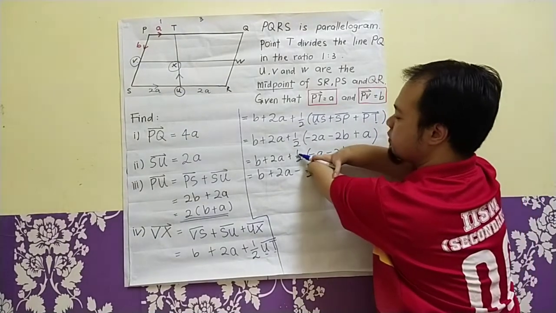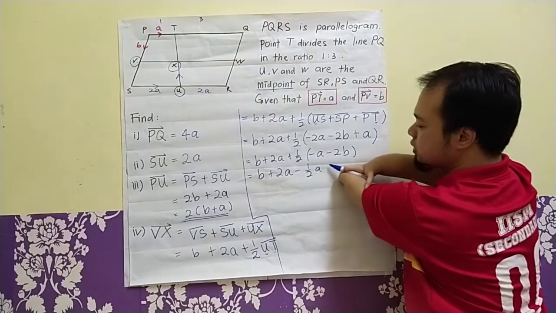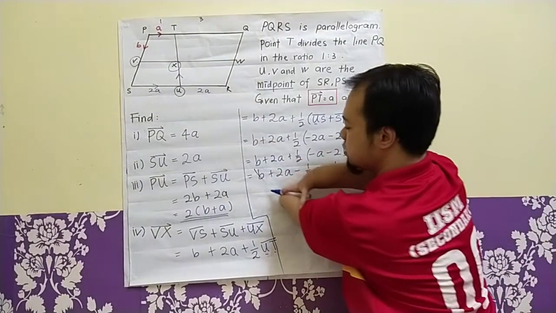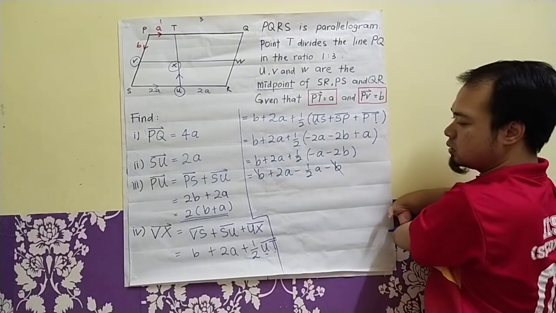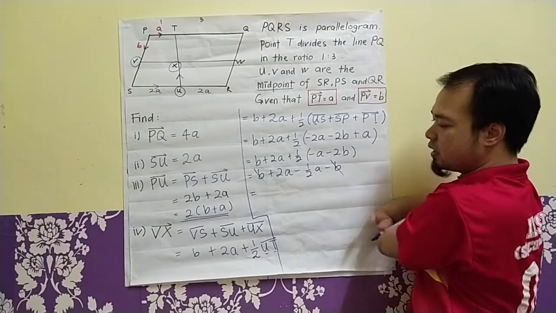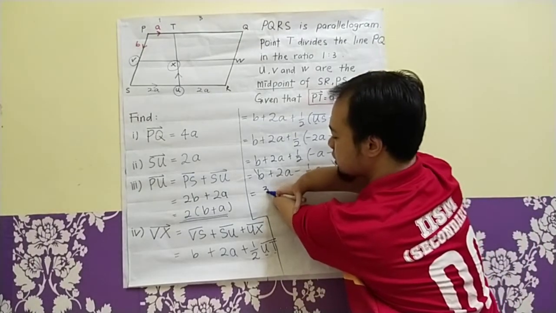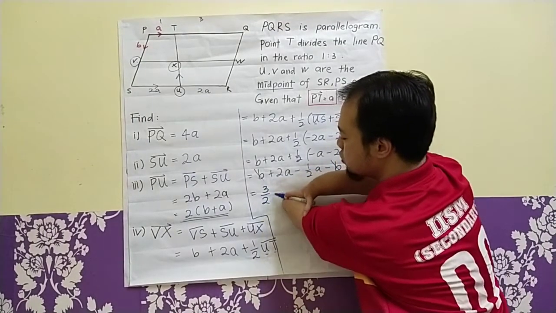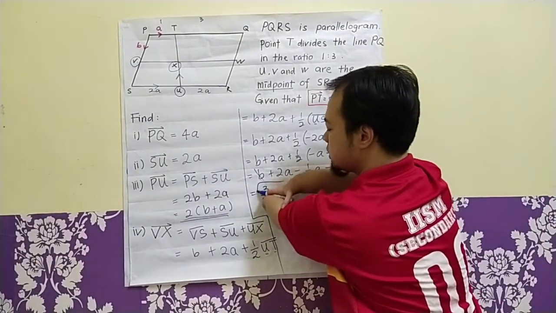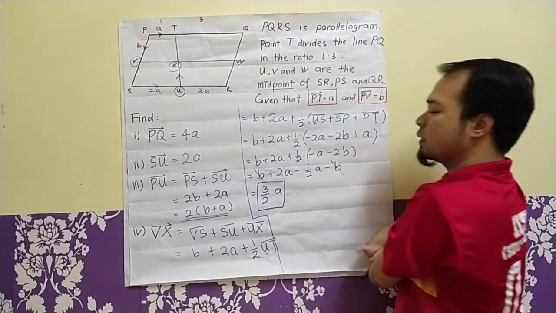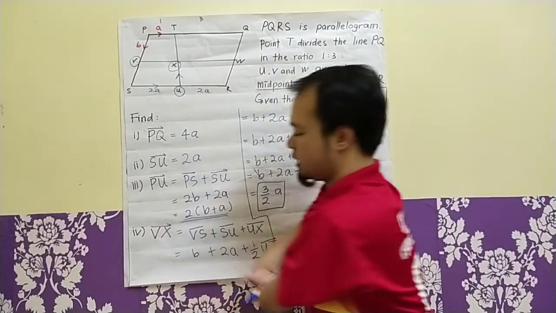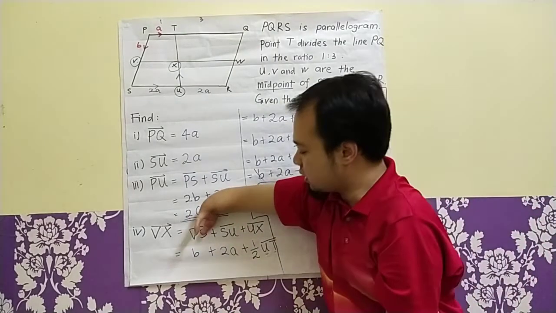Half multiplied by 2, you can cross this one, so you get minus b. So b minus b is 0. So 2a minus half a. So the answer is going to be 3 over 2 a. So this is our final answer for VX.